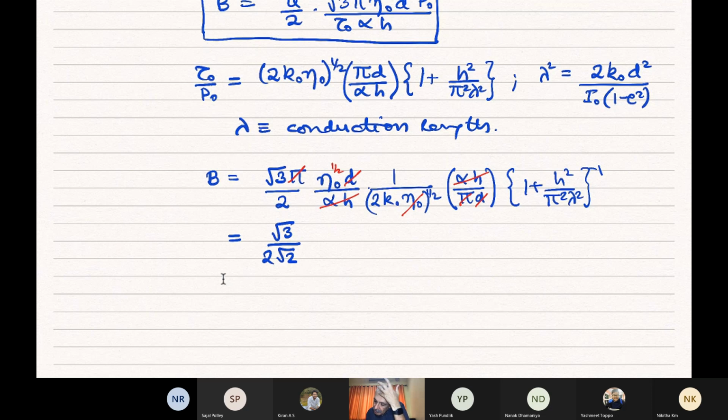Those are the coefficients. And then you have eta 0 by K0 raised to the power of half. And then you have 1 plus h squared pi squared lambda squared raised to the power of minus 1.